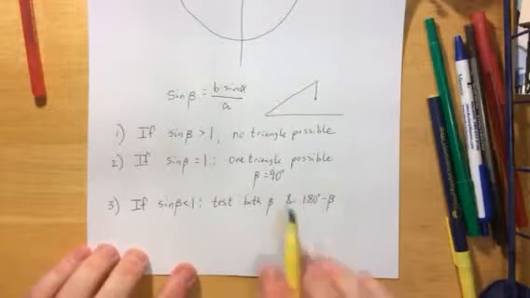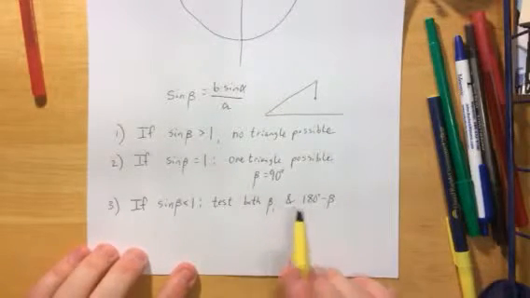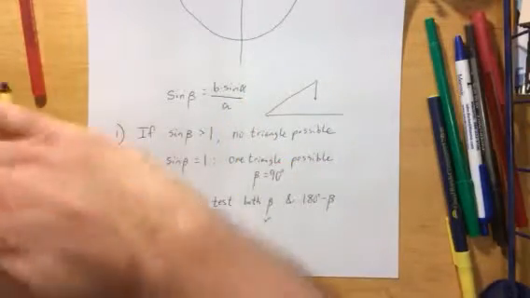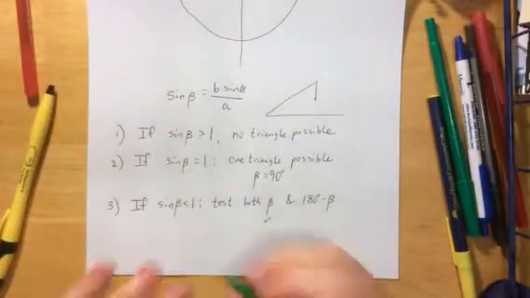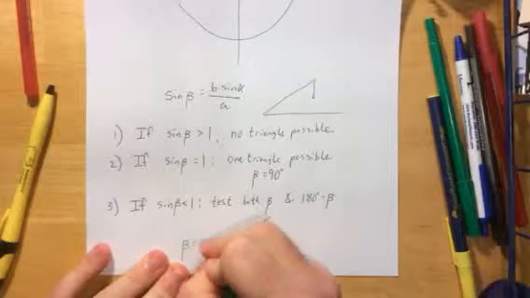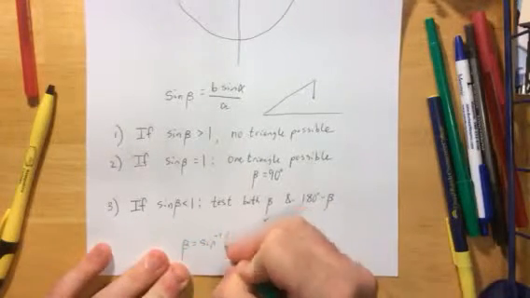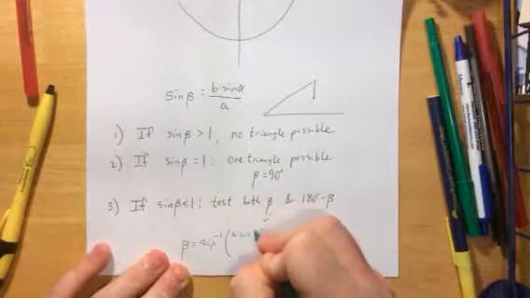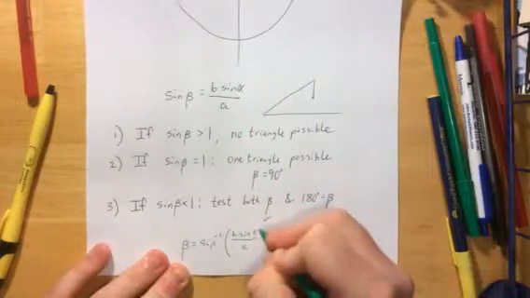It is a 100% guarantee that whatever you get for beta, and based on our formula up here, it looks like we would be getting that beta is equal to the inverse sine of whatever this quantity here was, b times the sine of alpha over a.